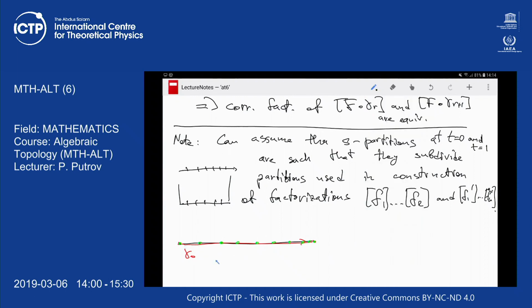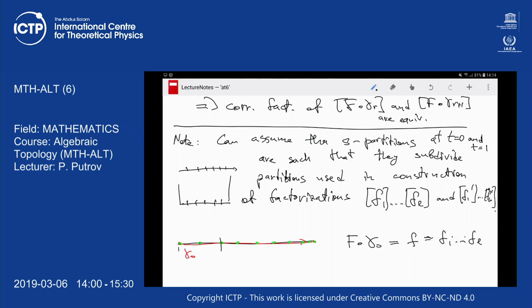At the same time we know that the composition of f with gamma 0 is the same as f, which is homotopic to 1L.